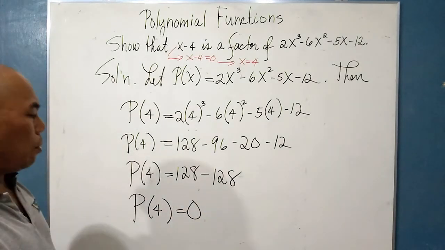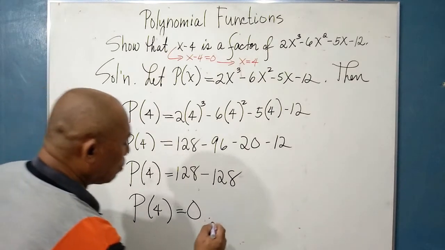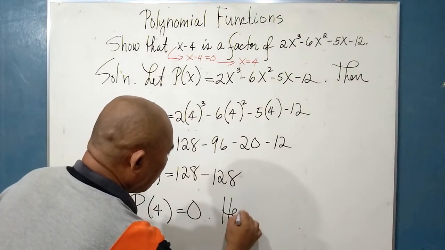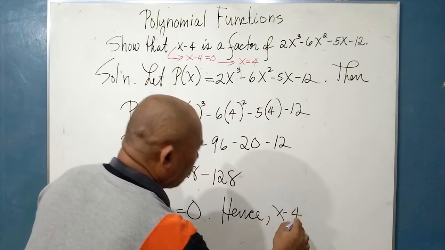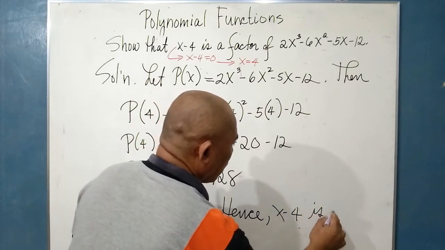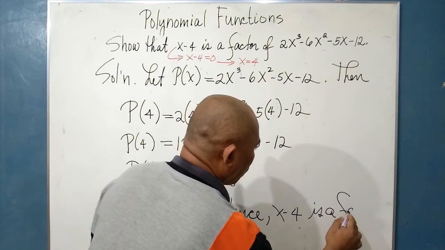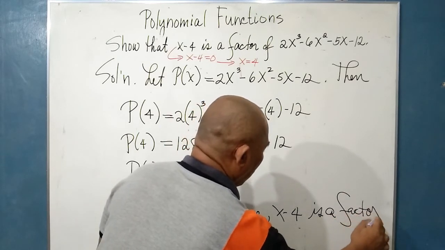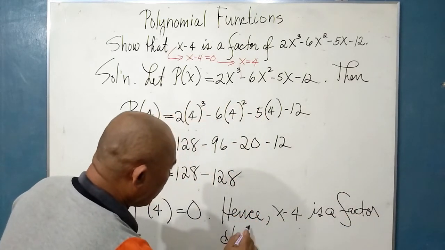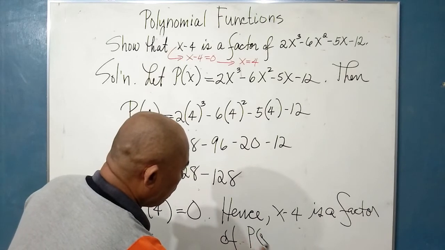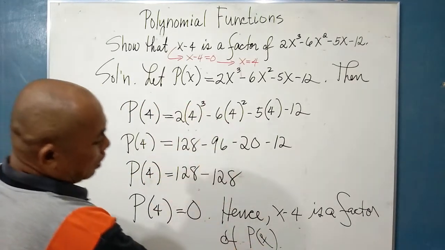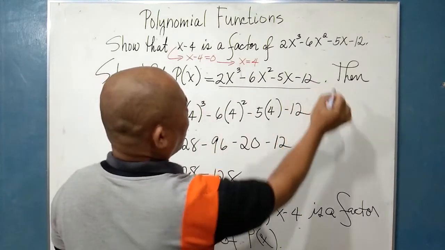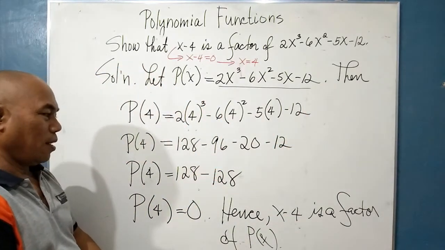Meaning, ang ipasabot, moingon ta, hence, x minus 4 is a factor of P of x. Yeah? Ato mang i-define ang P of x para dili na taas ang sulat.